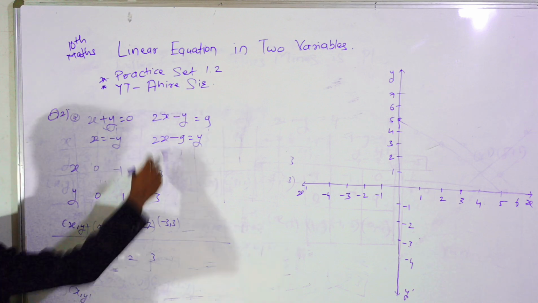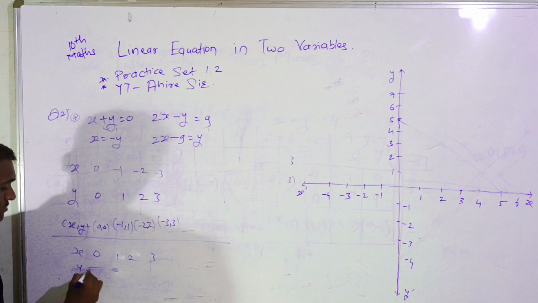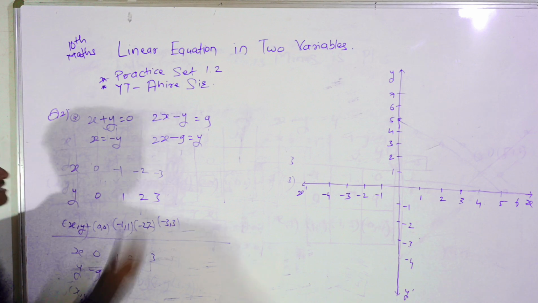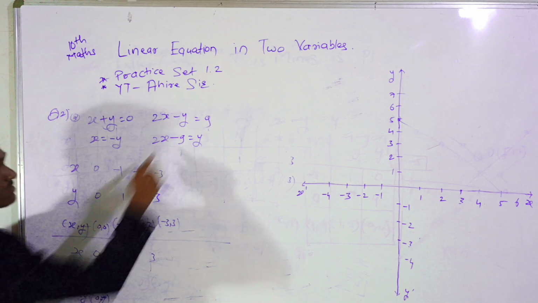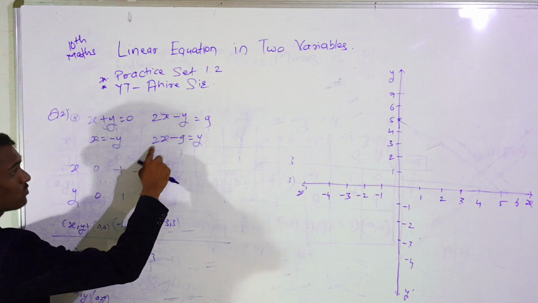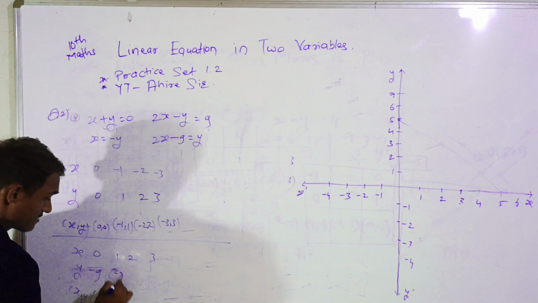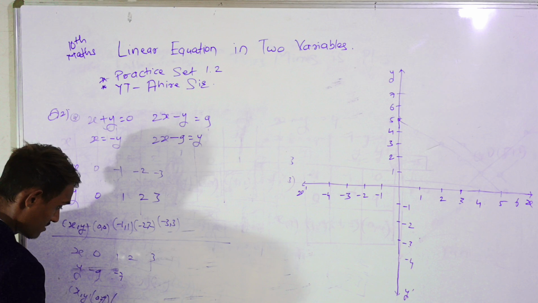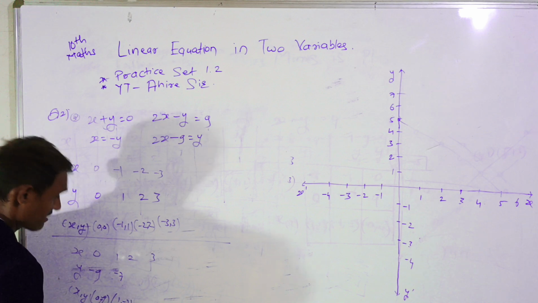When x is equal to 0, 2x is 0, y is equal to minus 9. 0 and minus 9. When x is equal to 1, this becomes 2 into 1, 2, 2 minus 9, minus 7. 1 and minus 7.